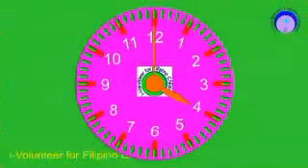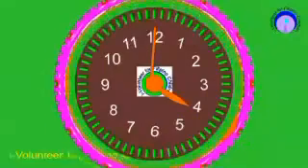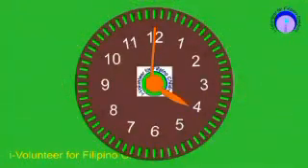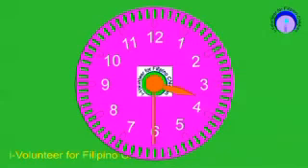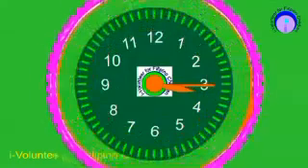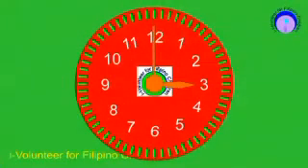What time is it? The time is 4 o'clock. What time is it? The time is 3:30. What time is it? The time is 3:15. What time is it?